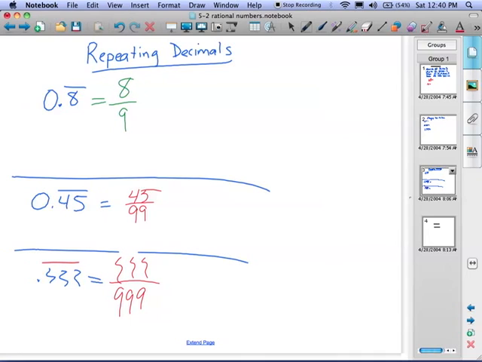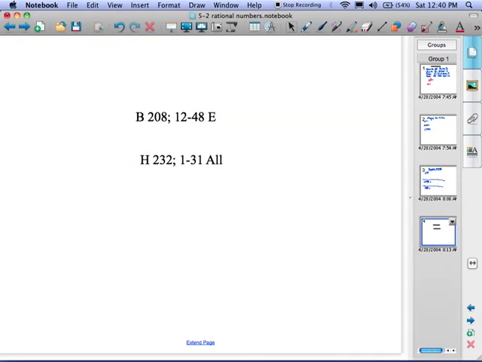The line above it tells us to take 1 away from whatever the denominator is supposed to be. So for some of your work, your denominators are going to be tenths, hundredths, and thousandths. For some of your other work, it might be ninths, 99ths, or 999ths. Your homework is on page 208, 12 to 48, the evens.